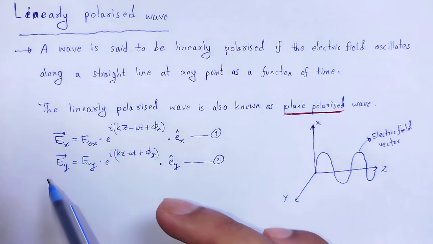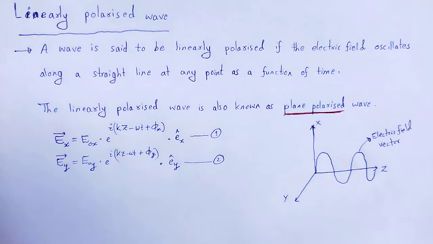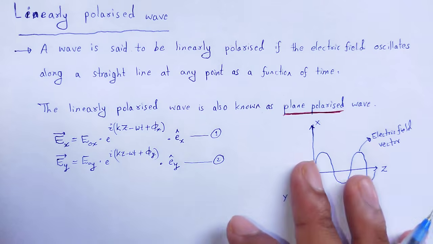E x and E y are in the same phase for a linearly polarized wave.